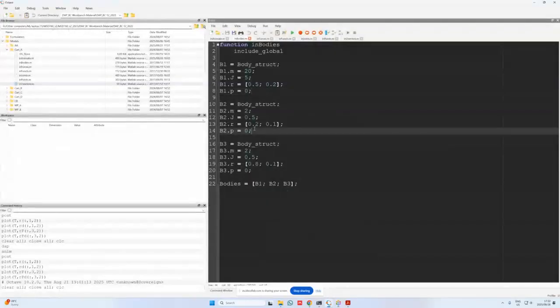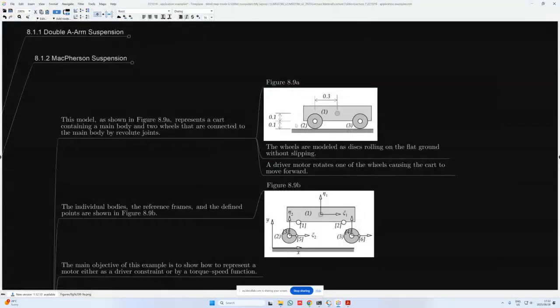And then lastly, for body 3, we also consider its location. If we assume that we're working with a symmetric cart, then we know it's 0.3 meters from the center of mass of body 2 to the center of mass of body 1. So from the center of mass of body 1 to the center of mass of body 3 will also be 0.3 meters.